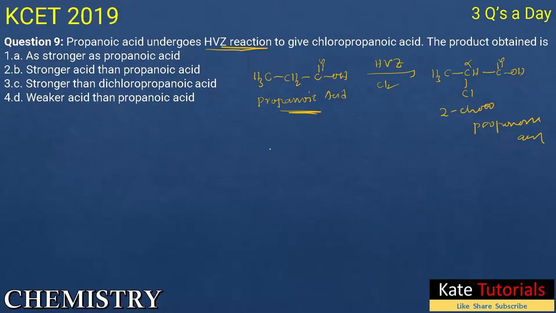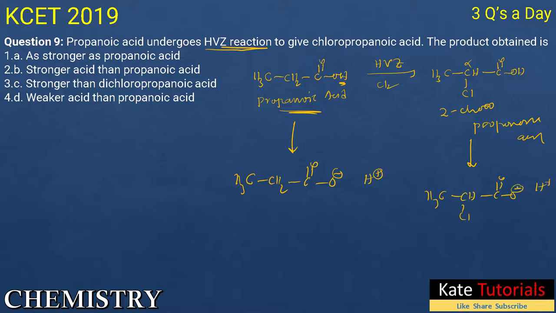Because it can give H plus, so it can convert to CH3, CH2, COO minus and H plus. But this is also an acid. It can easily convert to CH3, CHCl, COO minus and H plus.